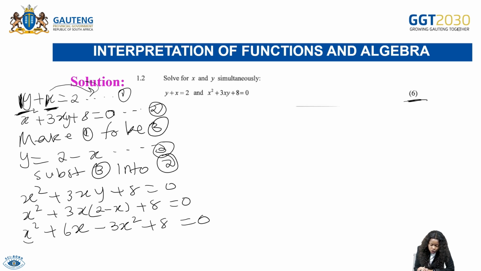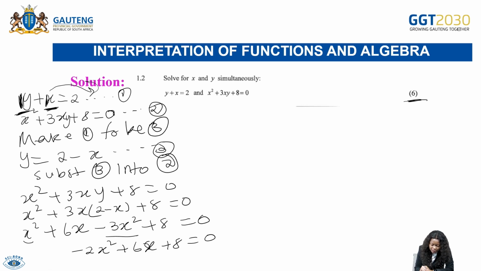If I say x squared minus 3x squared, I'll get negative 2x squared. The 6x, I just bring it back as it is, plus 8 equals 0. And then from here, I've got a quadratic equation. So you can either use your quadratic equation formula or you can factorize, it is still fine.